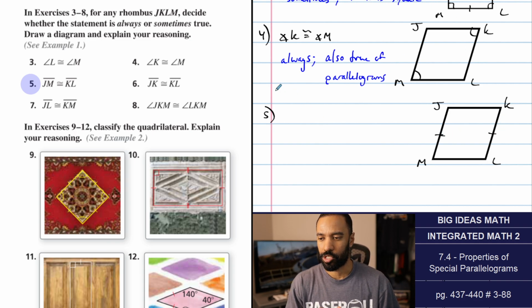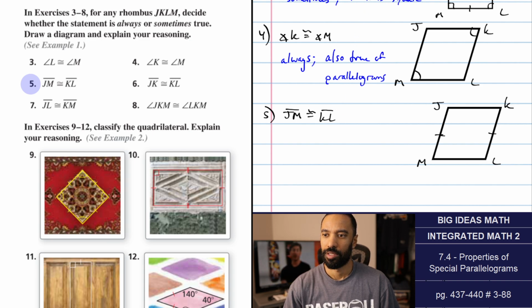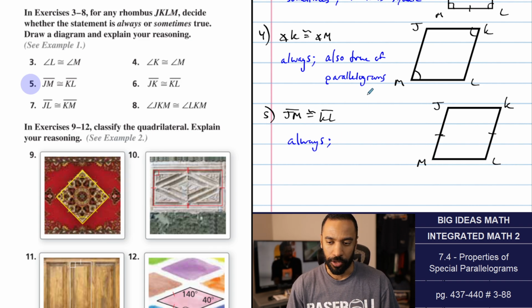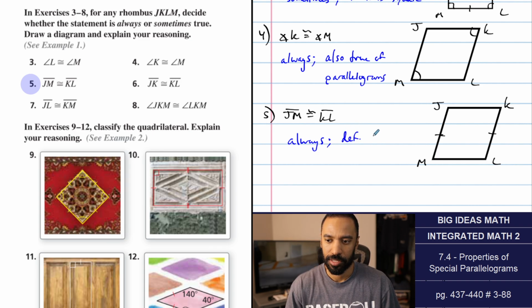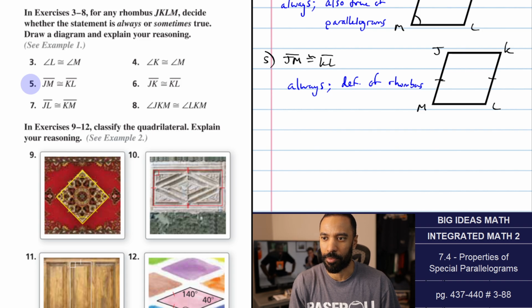Not only is this always true, but anytime they're going to ask about segments of side lengths and things like that, this will be true of all rhombuses. So KL. So always. It's true for all rhombuses, true for all parallelograms. Definition of rhombus applies here. I feel like any segment ones we get to say that same thing. So let's just get ready to copy and paste this.